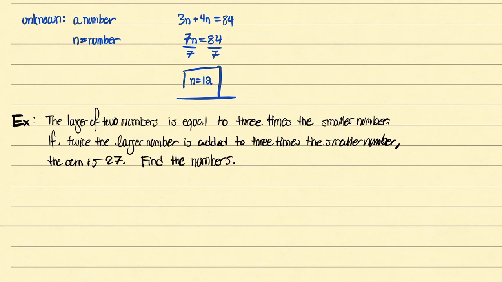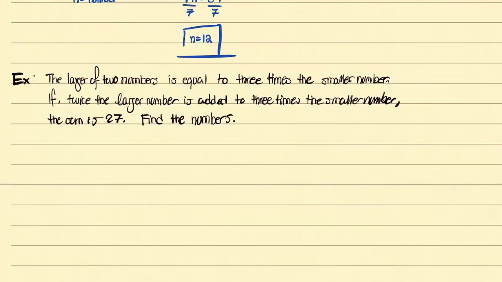What are some unknowns in this question? What are some things I'm trying to solve for? Anybody want to volunteer? Smaller number and larger number? Yep, exactly. I am trying to find a larger number and a smaller number. So let's add some variable names.